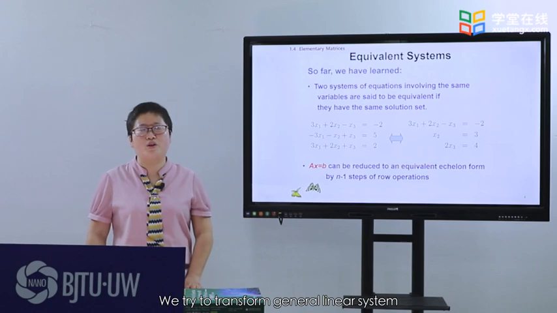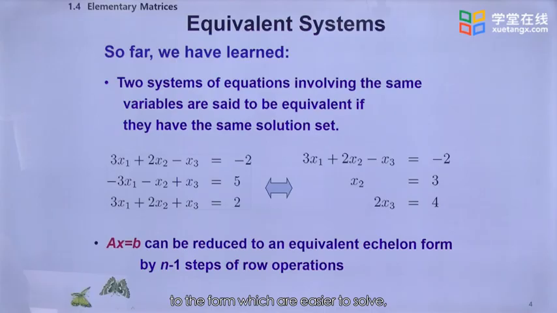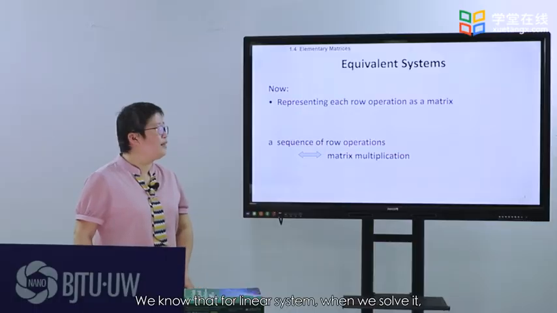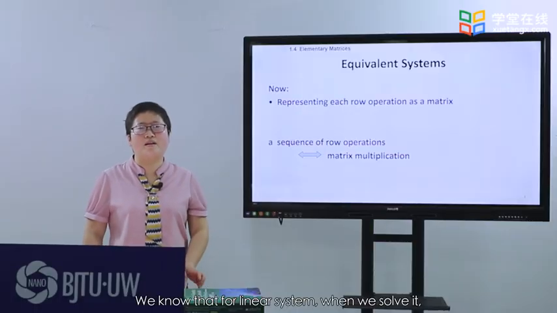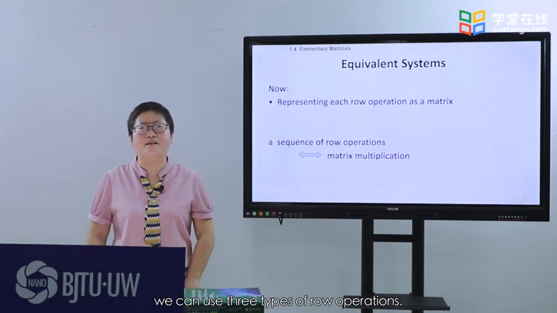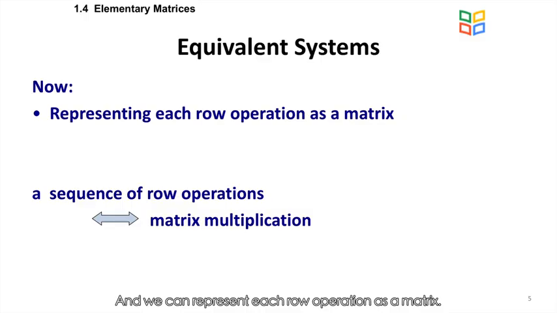We try to transform a general linear system to a form which is easier to solve, such as triangular form or row echelon form. And we know that for a linear system, when we solve it, we can use three types of row operations. And we can represent each row operation as a matrix after we learn in this lecture.